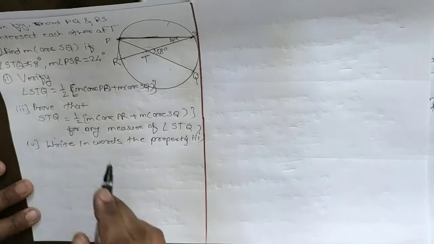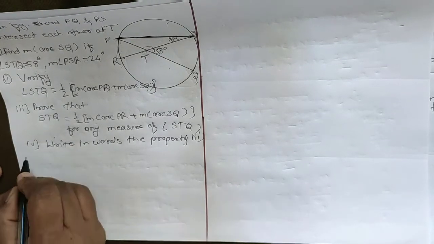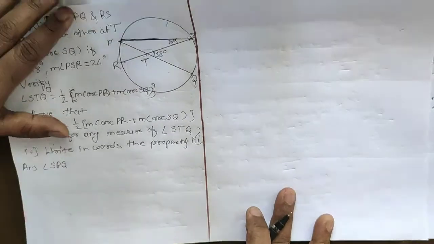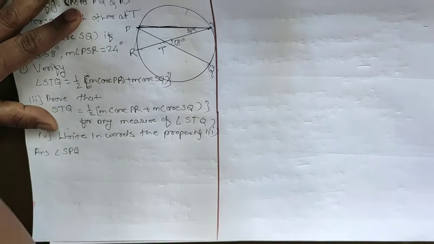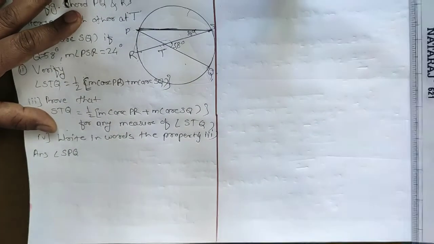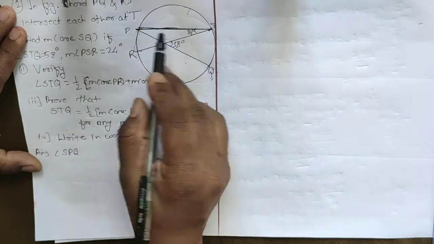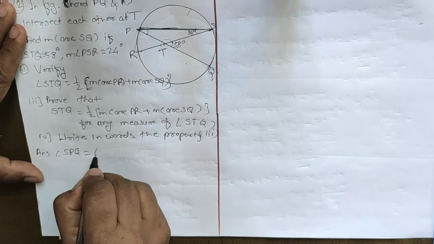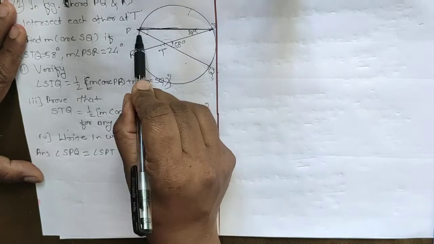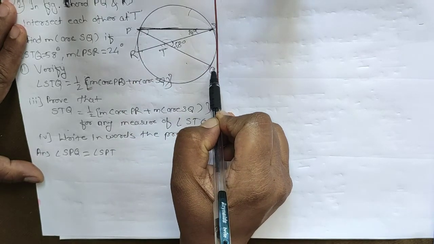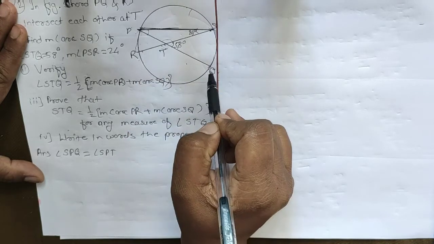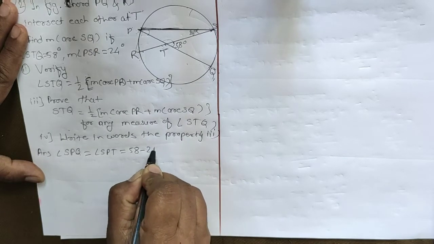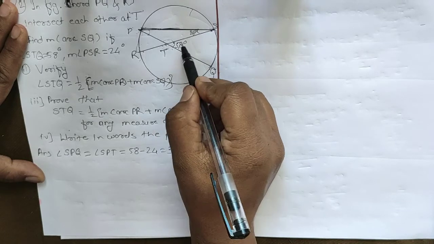So first we will find the measure of arc SQ. As you know, this is the angle SPQ. Angle SPQ is equal to angle SPT. The measure of both is the same, so it is equal to 58 minus 24, which is 34.